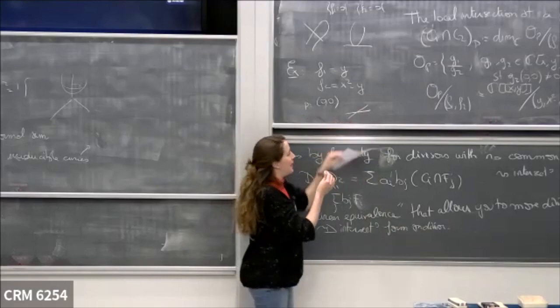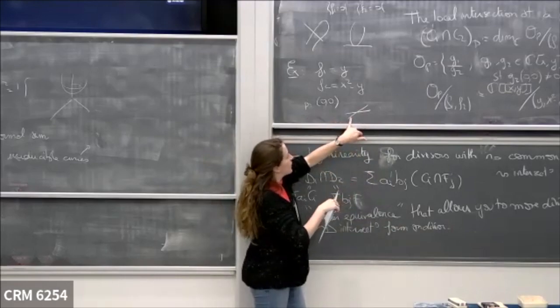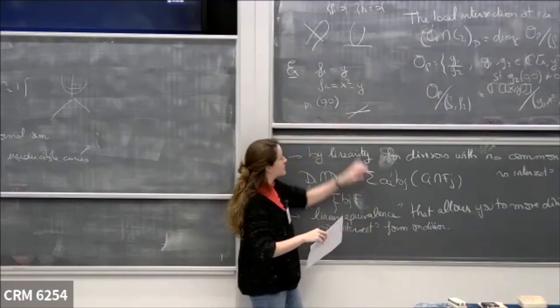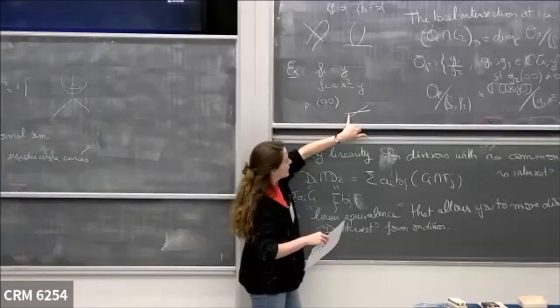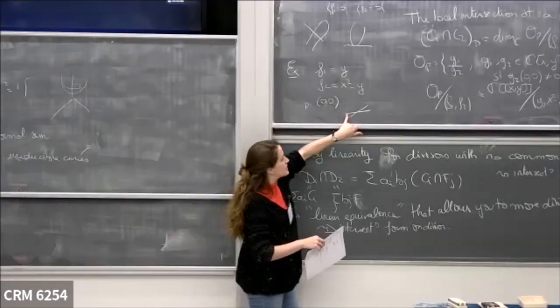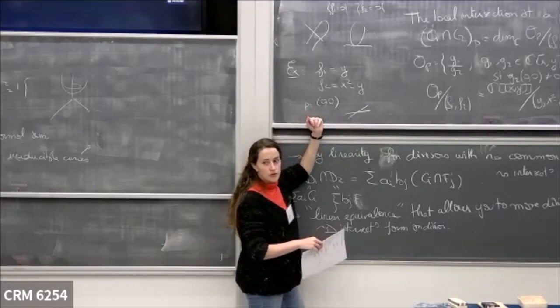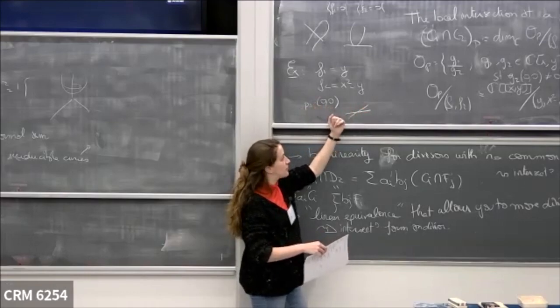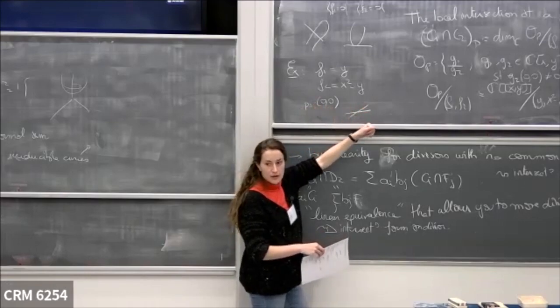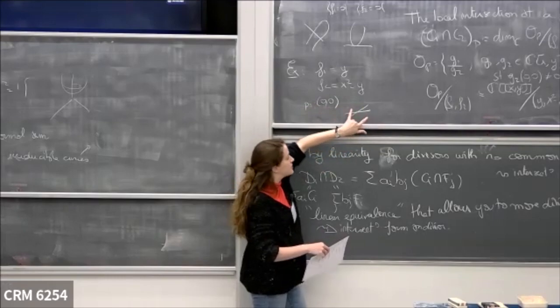The definition is that two divisors are linearly equivalent if this divisor minus this one is given by a rational function, a function from the surface to P1, so that the zero set of this function minus the pole set is equal to this difference.